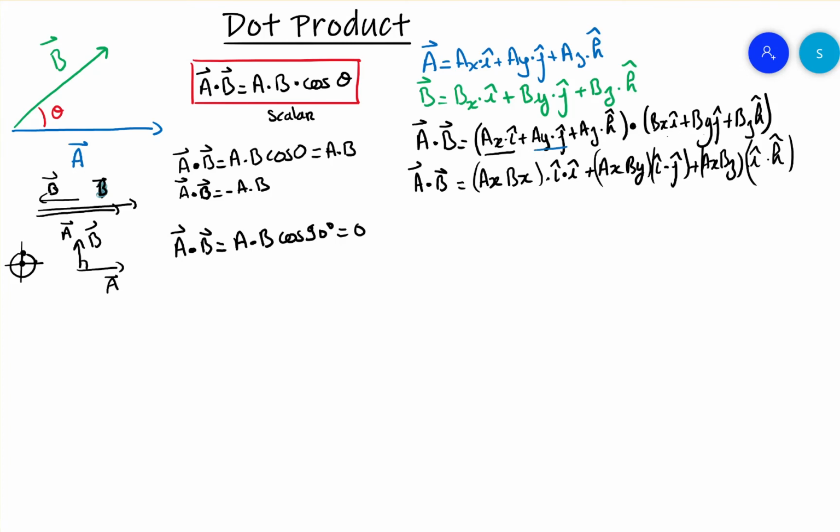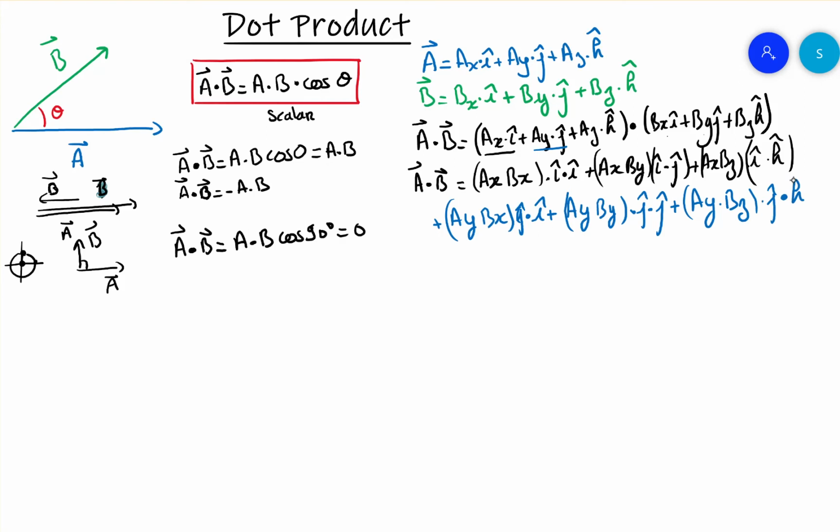Now let's develop the Ay. So plus Ay Bx times j hat dot i hat, plus Ay By times j hat dot j hat, plus Ay Bz times j hat dot k hat.